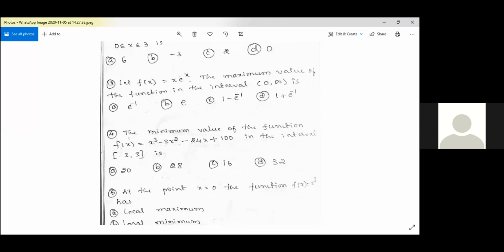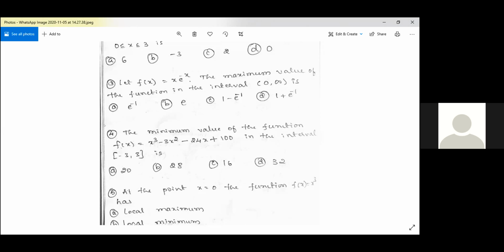Find the minimum value of the function f of x equals x cube minus 3x square minus 24x plus 100 in the closed interval minus 3 comma 3. The same procedure you have to apply. Try this problem. The last one you can answer directly, and I'll explain how to select the right option for it.